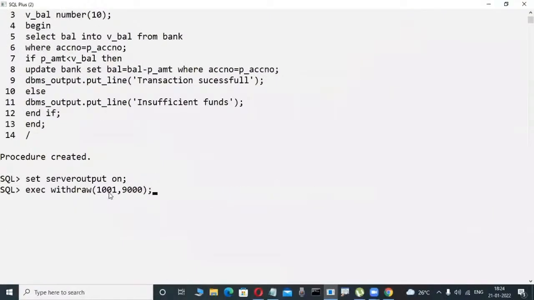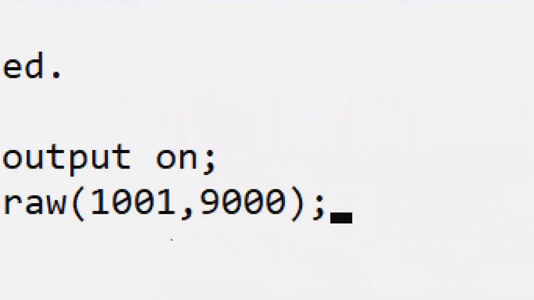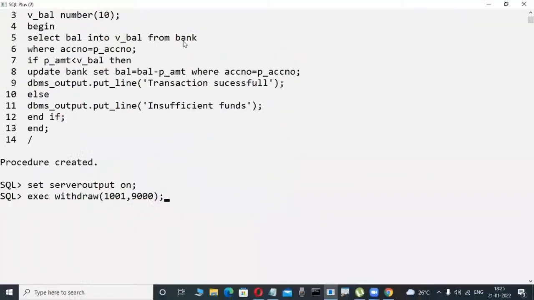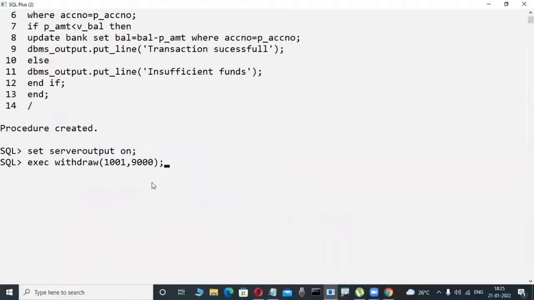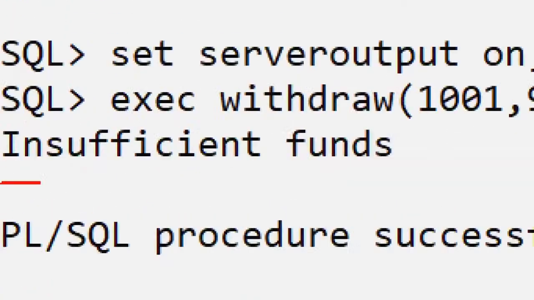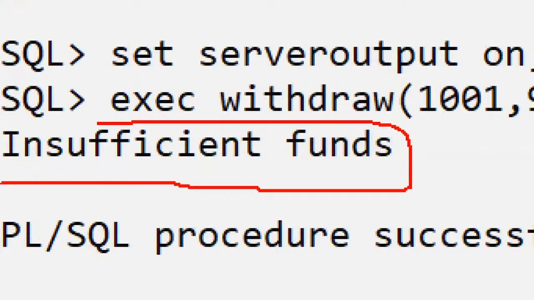But I try to withdraw 9,000. Is that possible? No. So now it will give a message.